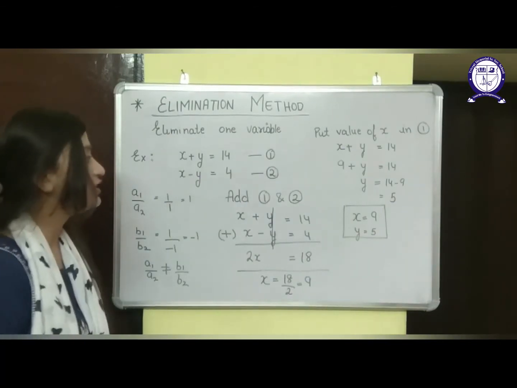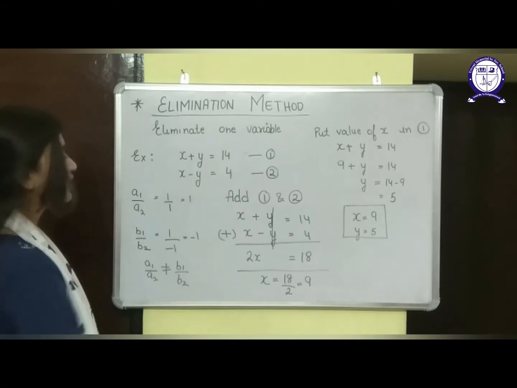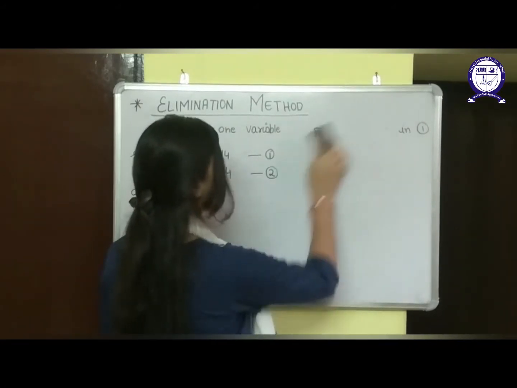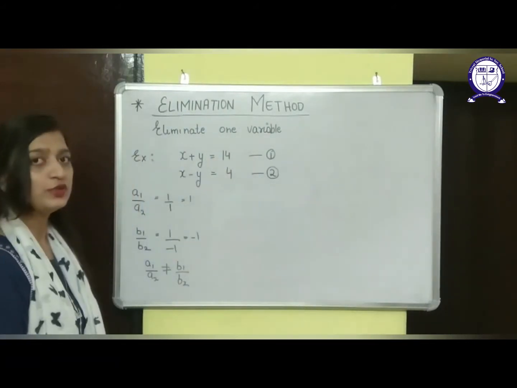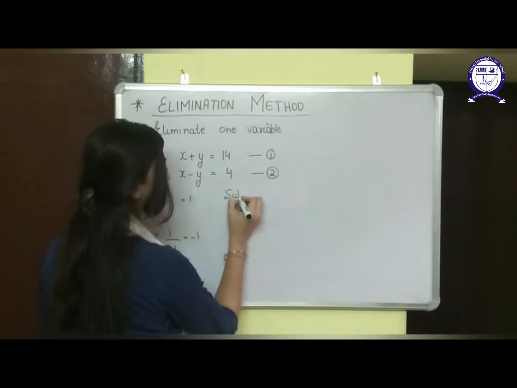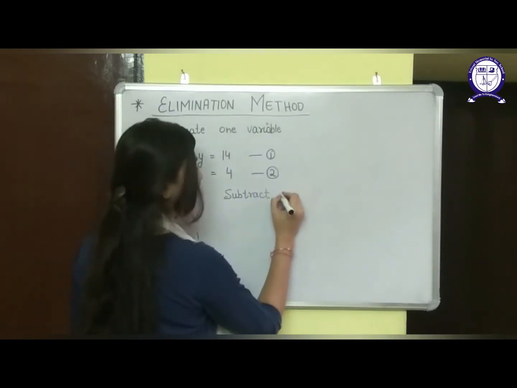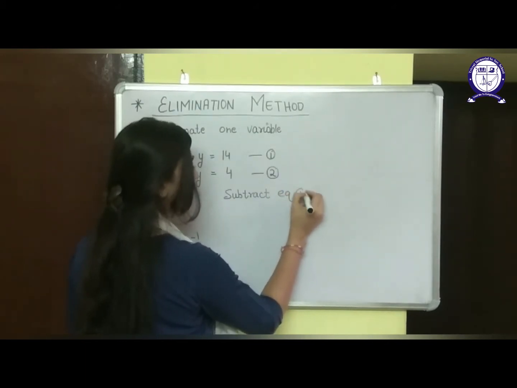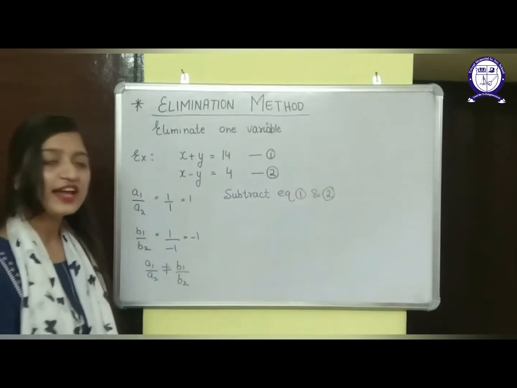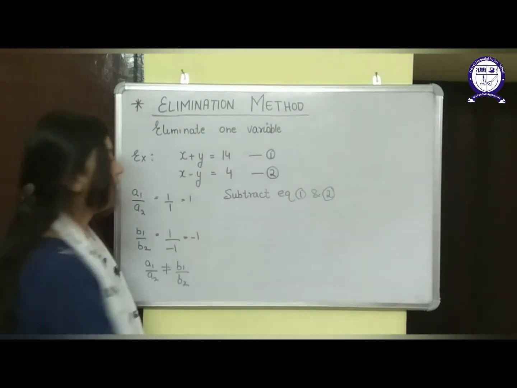Now suppose instead of adding them, I am subtracting them. So I am doing this question again with the subtraction. Okay, so now I am using subtraction. So I am writing, subtract equation 1 and 2. You can subtract 1 from 2 or 2 from 1. It doesn't matter.